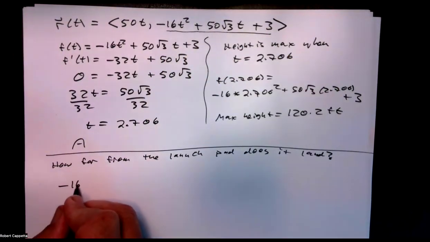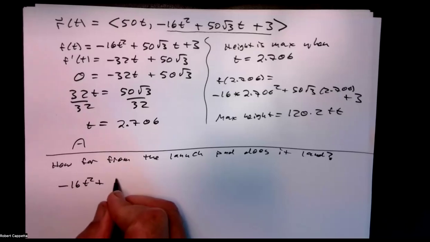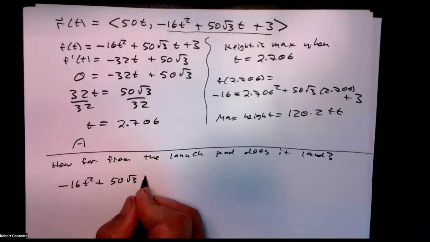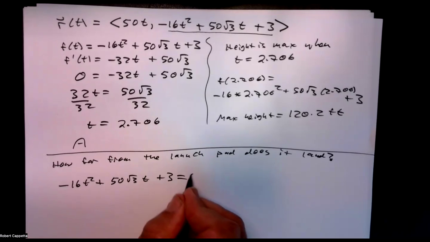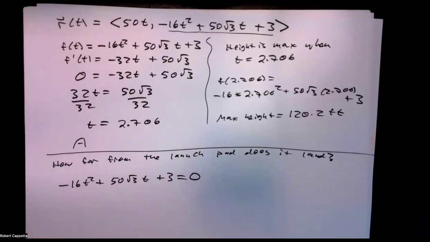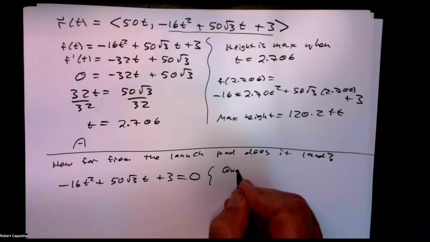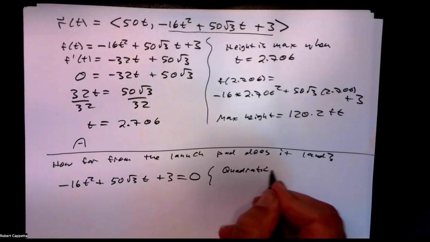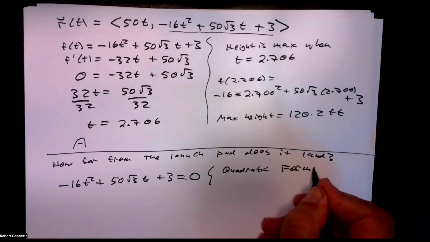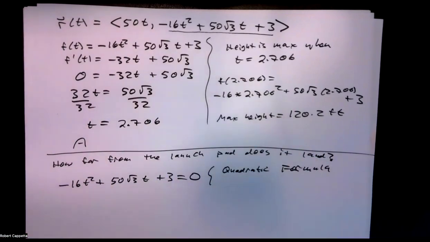So when does negative 16t squared plus 50 root 3t plus 3 equal 0? And what tool would you use for that? You would use the quadratic formula. So let's go ahead and jump to some help with that.